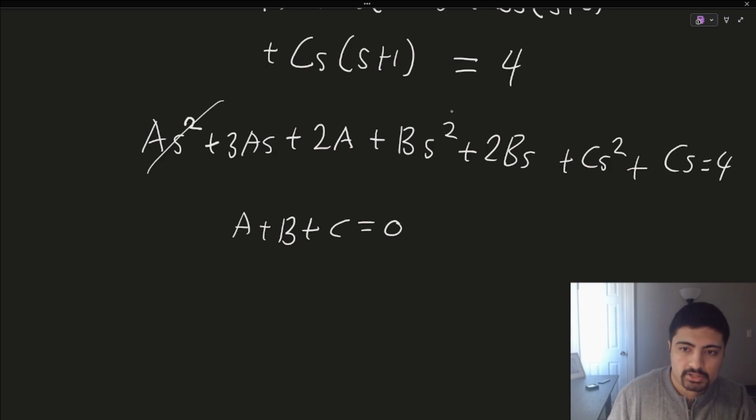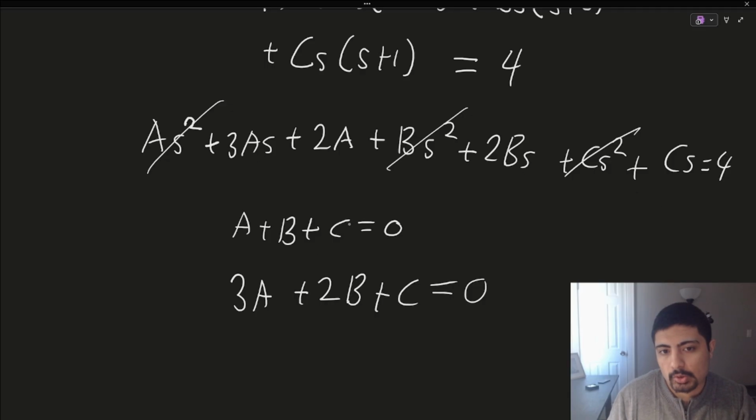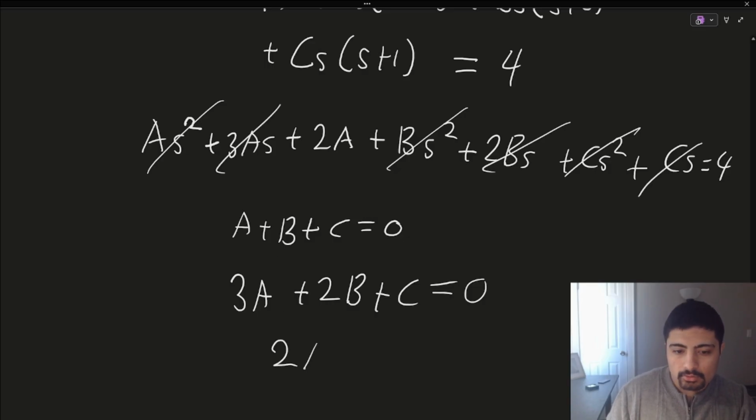We're going to have 3a plus 2b plus c equals 0. This is another equation because we don't have any s terms, and we have 3as, 2bs, and cs, so they're also going to be canceling each other out, and we know that 2a is equal to 4, implying that a must be equal to 2.